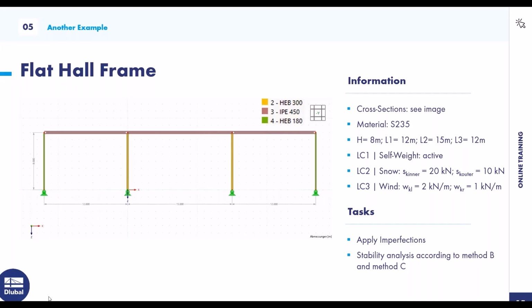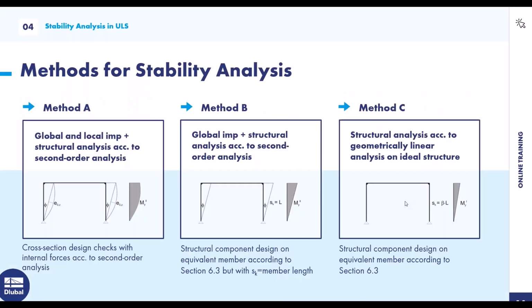Now we can turn back to the slide. That's with the determination of the buckling lengths and without imperfections, and method B with imperfections.